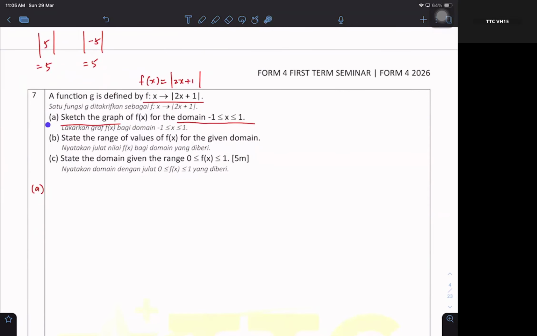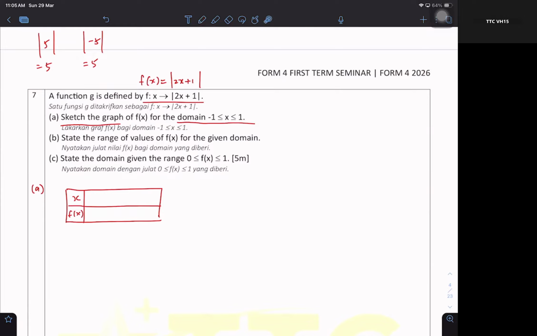Now, let's learn how to sketch the graph. They say the domain is x between -1 and 1, right? So I tell you what, you draw a table. You put x and f(x).